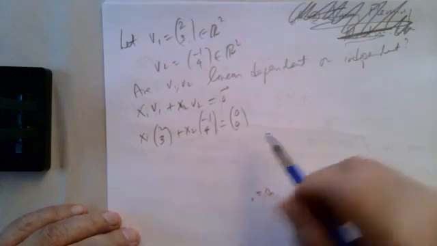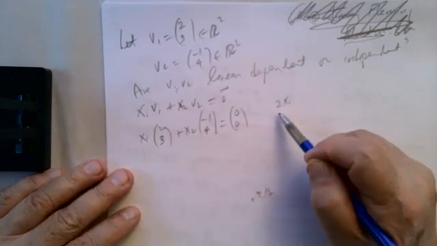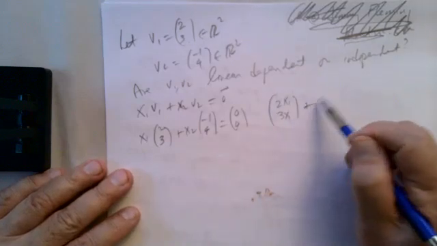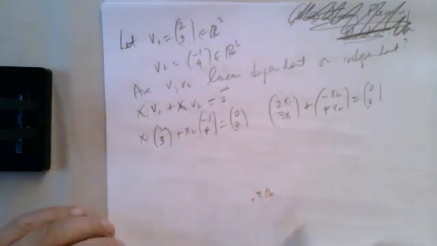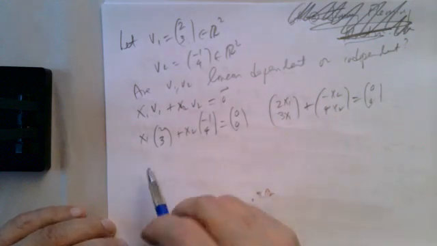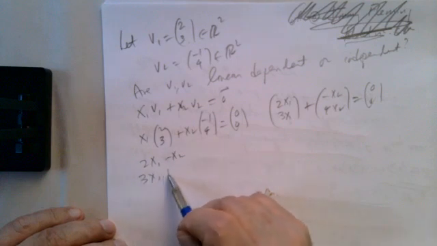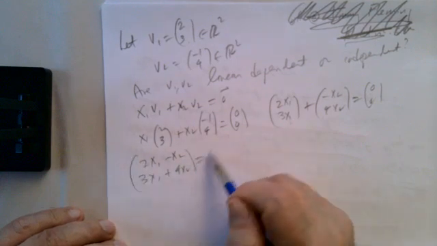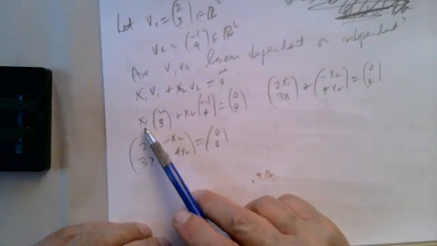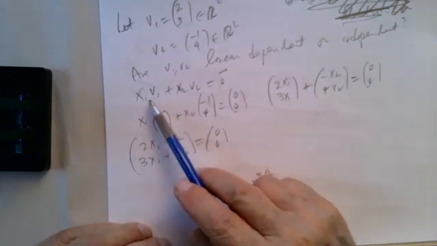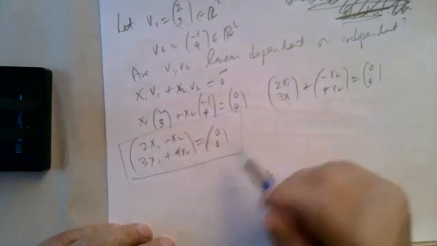What is this? This is the same as, if I do scalar multiplication, 2x1, 3x1 plus -x2, 4x2. All right. And if I add these vectors, I get 2x1 minus x2 and 3x1 plus 4x2. So what this says is that you have scalars x1 and x2 such that x1 v1 plus x2 v2 equals 0 only if this is a vector identity, right?